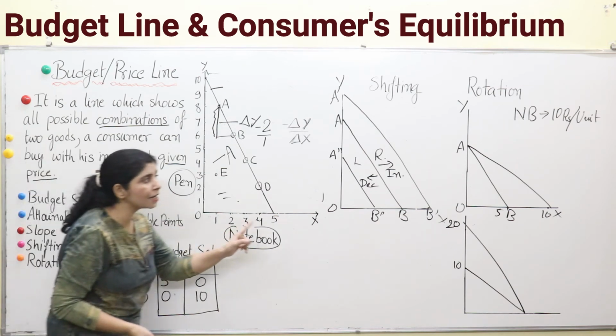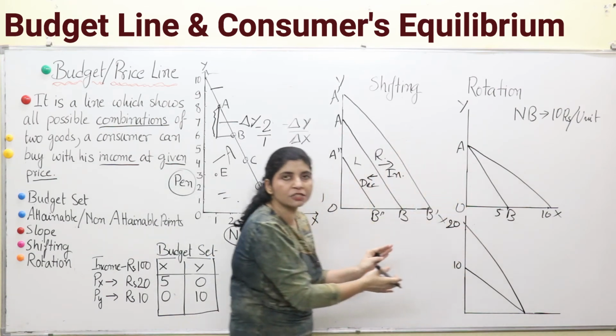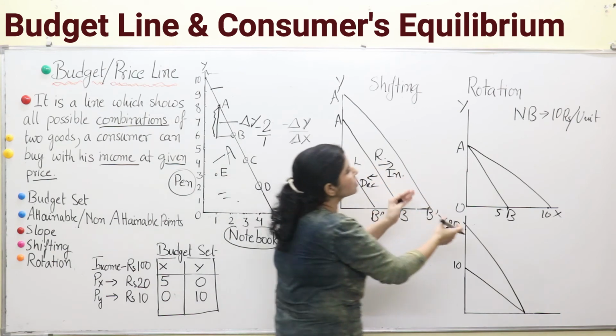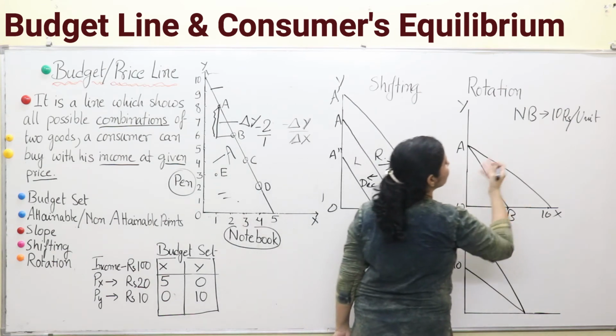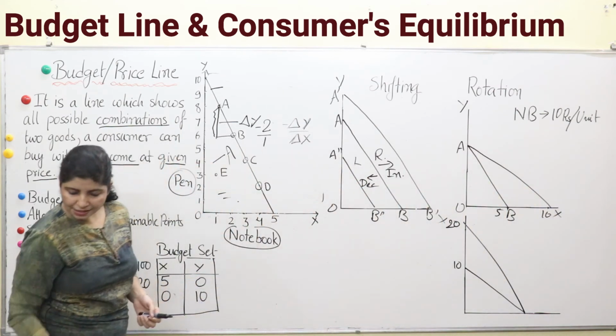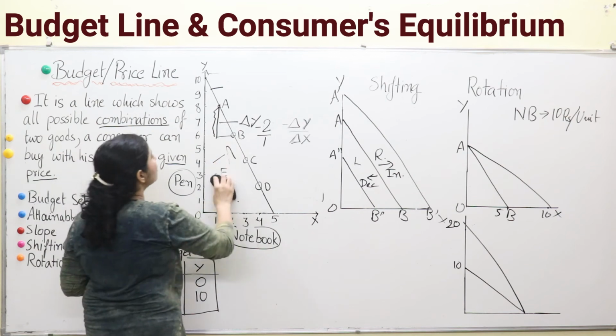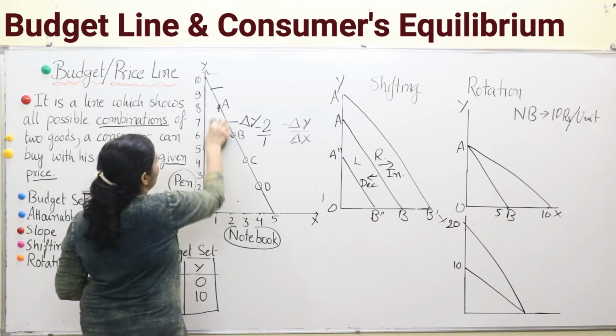So it's very clear to you. Shifting means the whole price line shifts towards right or left, and rotation means the price of only one commodity decreases and the line may rotate either towards right or left. Very clear.